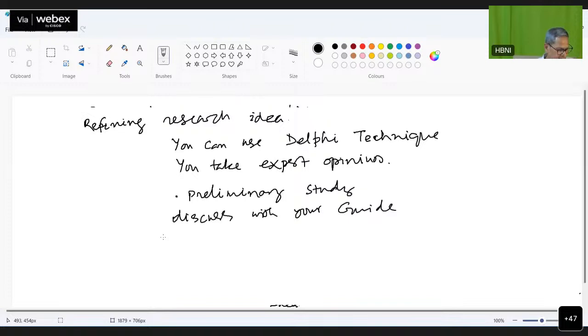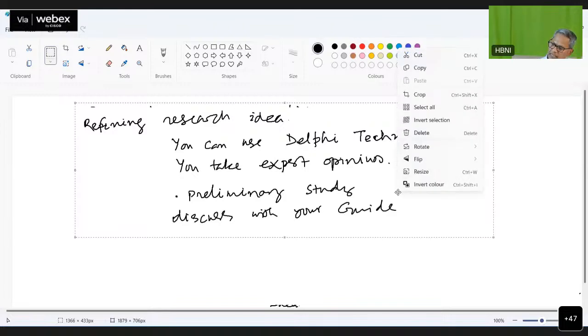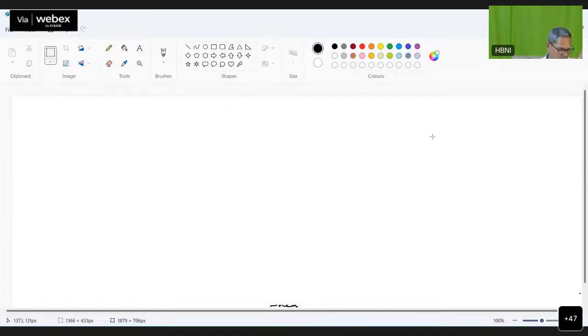When you finalize a research topic, once you have finalized a research topic, then you have to generate a research question. This is very important. Through this also, we'll see how it is going to help you. Once you have generated a research idea, then you have to convert this idea to a research question.